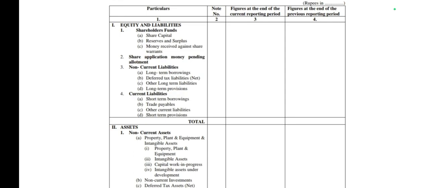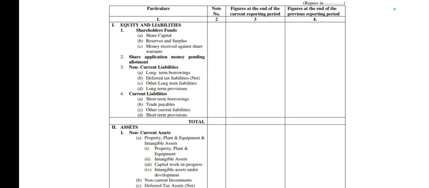In the sole proprietor's balance sheet we only used to prepare one column for amount, but here we prepare two columns for amount, one for the current year and the other for the previous year.